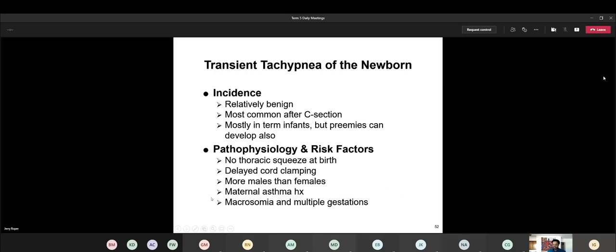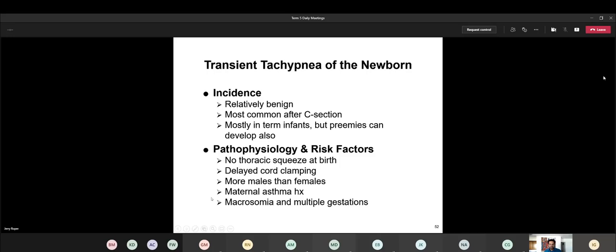Now, TTN, transient tachypnea of the newborn. As we saw, this is something that usually is not a big deal, and it will most times just fix itself. When we see TTN, it usually is because the baby wasn't born naturally and didn't get that normal squeeze that they were supposed to get, which will usually take care of the fetal lung fluid.